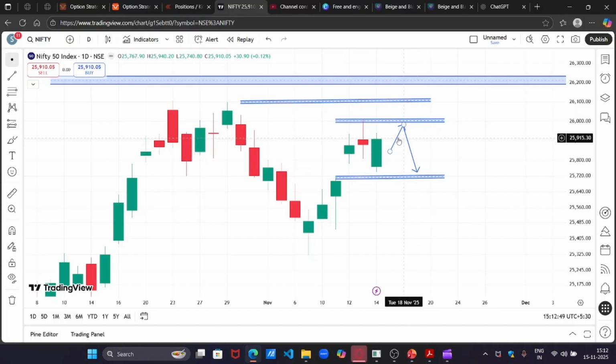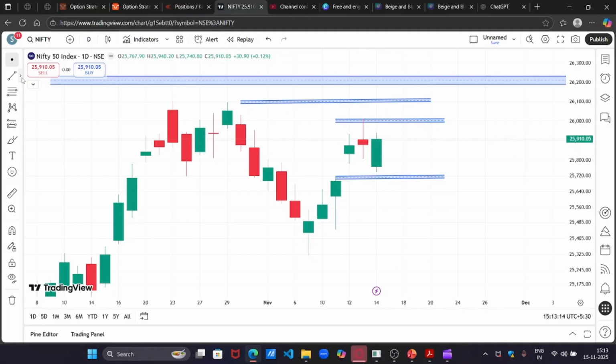What I'm saying is that the market should either stay here, close below 26,000, or at 26,000 max. It should not go above 26,000, and the speed can be fast or slow, it doesn't matter. Basically, I'm expecting the market should expire below 26,000. In that case, my view is downwards.